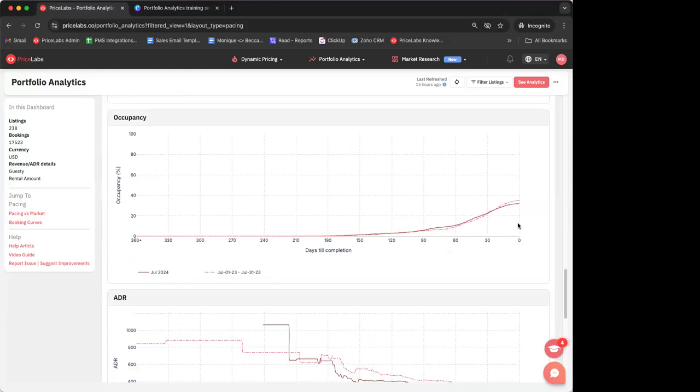If your occupancy is lower than the market, then maybe it's an indicator that your pricing is too high, things like that. Things like that we dive into in the help articles.